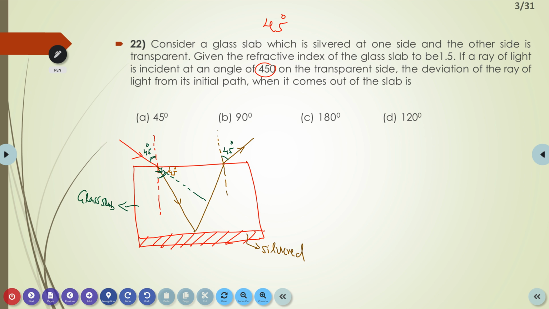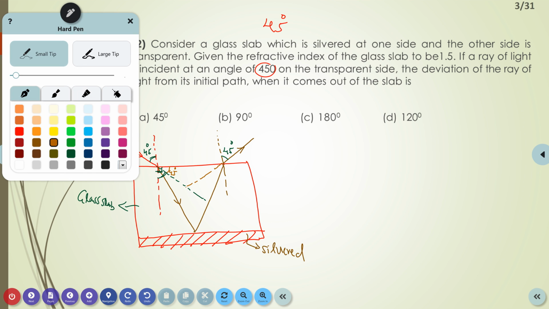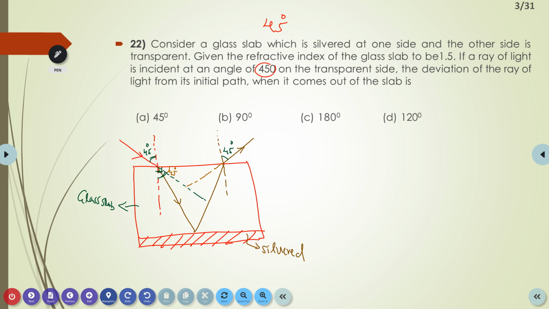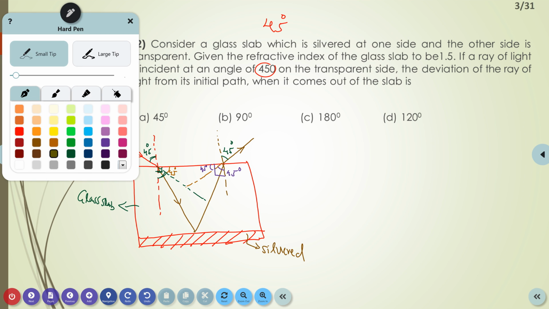Now I will produce this ray backward. Here also the same story. This angle is 45 degree, and this angle is also 45 degree, because from here to here it is 90 degree.